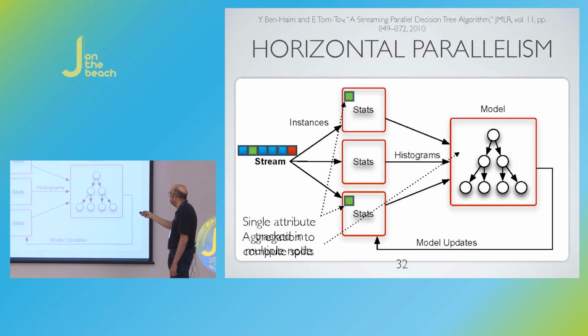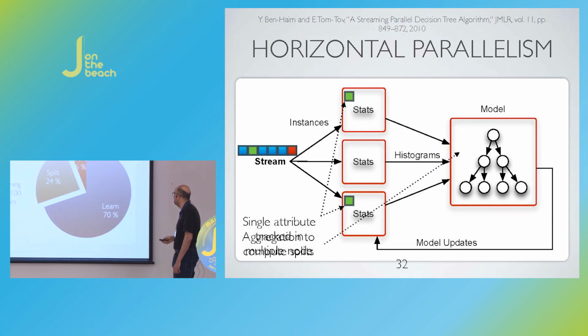A new instance arrives, and we are distributing instances, so this goes to a different node. So the same data from the same attribute is going to different nodes at the same time. Then they are aggregated, and then they go to the centralized model.